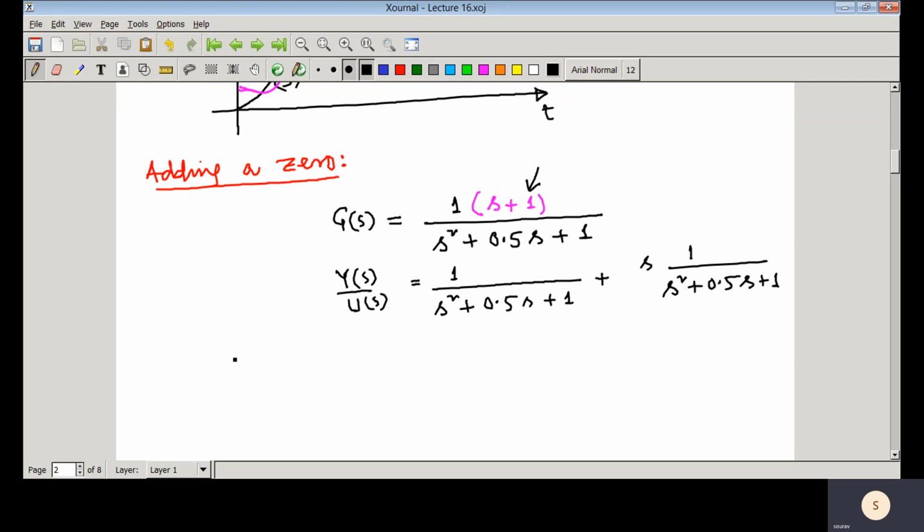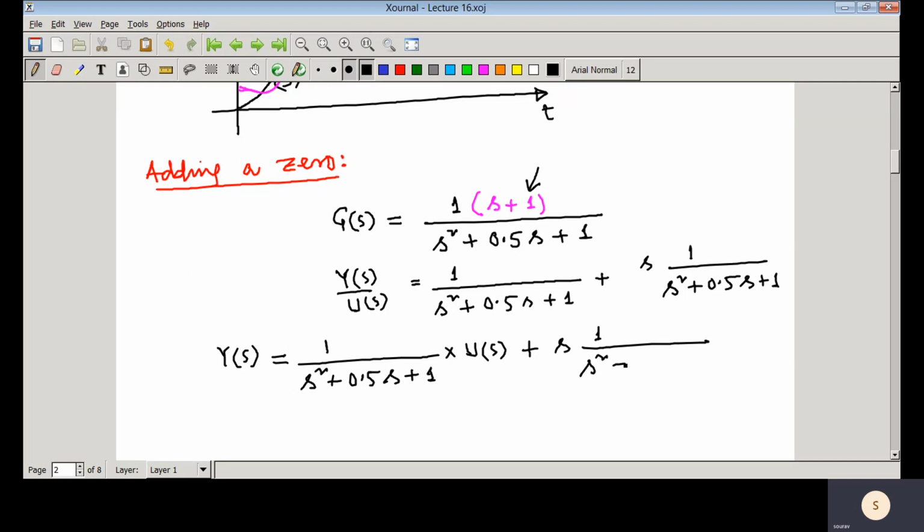So then the output Y(s) equals s times 1 by s square plus 0.5 s plus 1 into U(s), plus 1 by s square plus 0.5 s plus 1 into U(s).